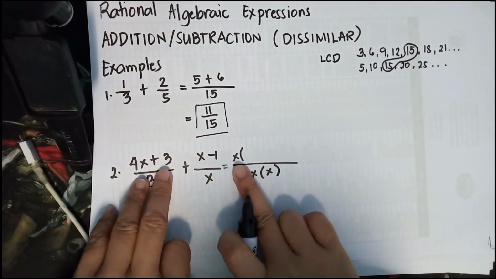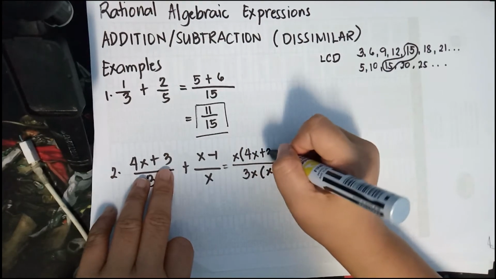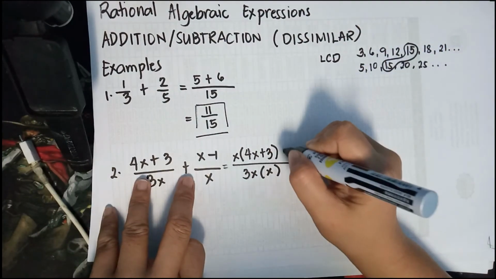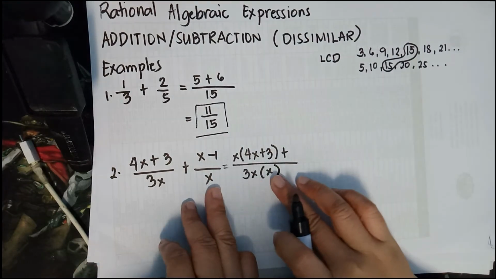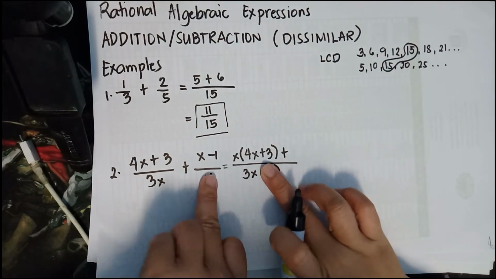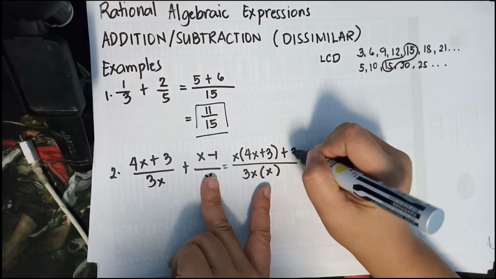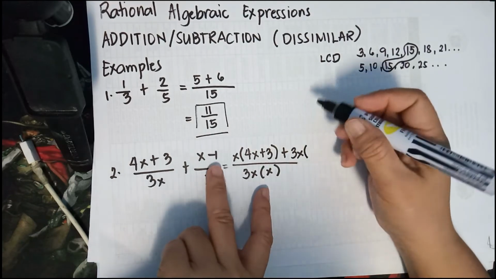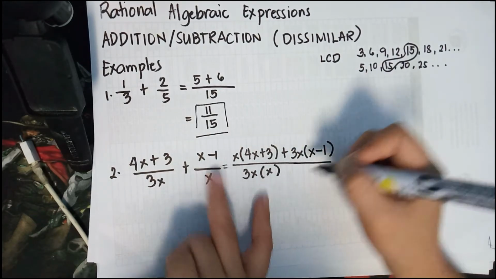Next, multiply by the numerator of the first term. Plus, again, compare. x, 3x, and x, we have here the same as x. And the remaining term is 3x. Copy 3x and multiply by the numerator of the second term.